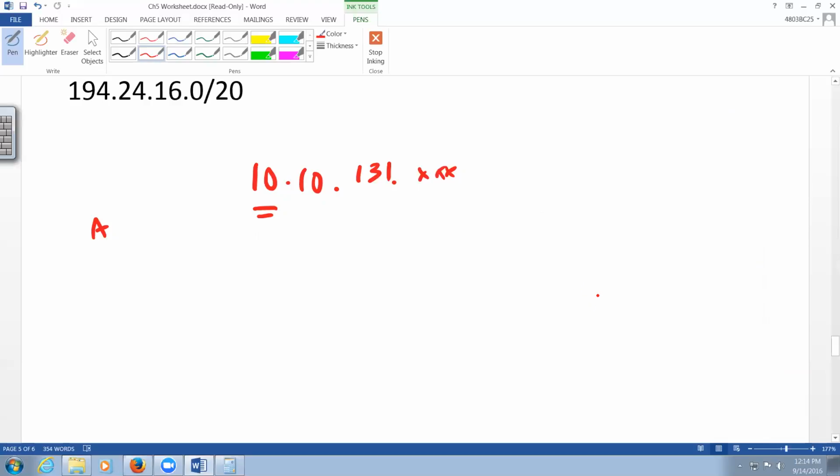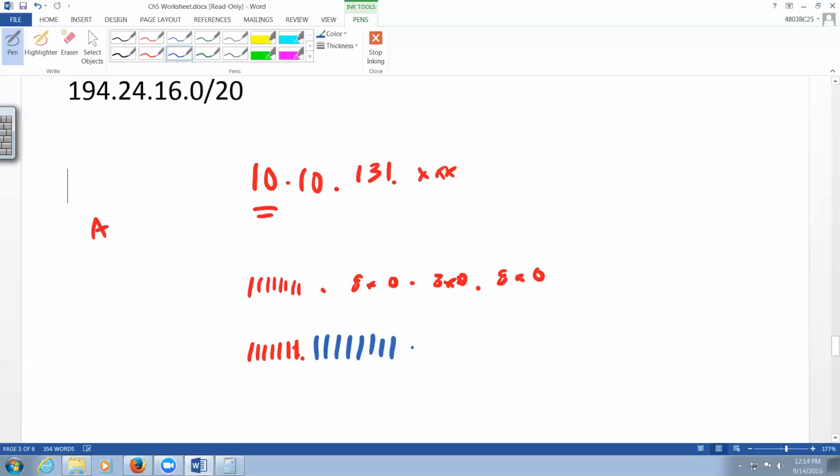So this is 255, we had 8 ones here, and then 8 zeros dot 8 zeros. We borrowed 16, and now we have 8 zeros for the host.